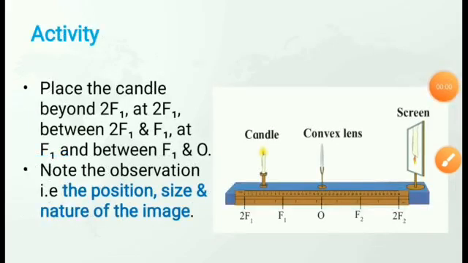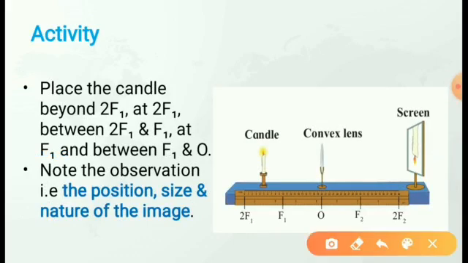So now let us do the activity. This is one of the activities which has been given, and the other activity you can do by placing the screen at a fixed position to obtain a clear image of a distant object like a tree or a building instead of this candle. And then you can measure the distance between the screen and the lens with the help of this meter scale.